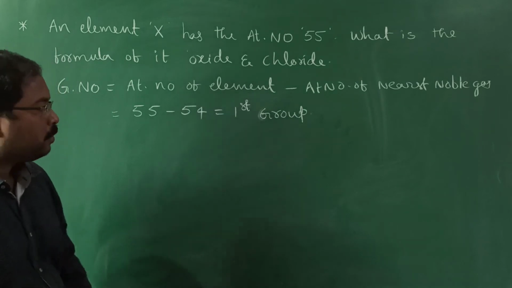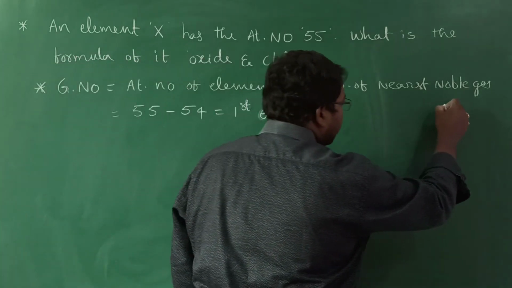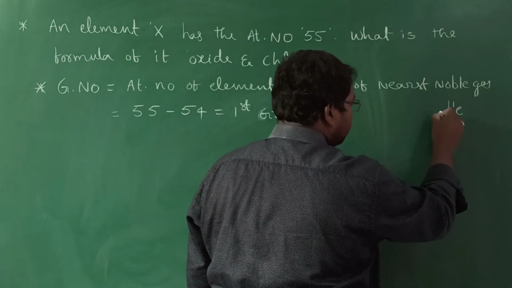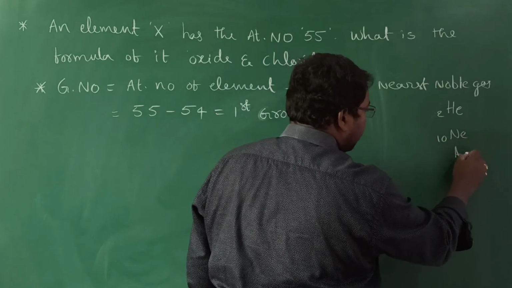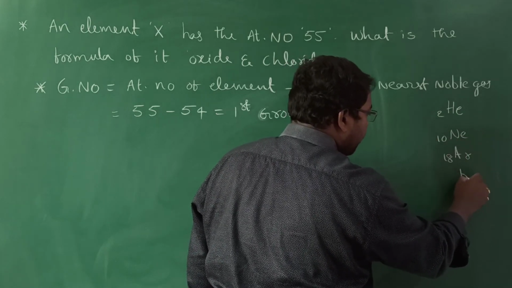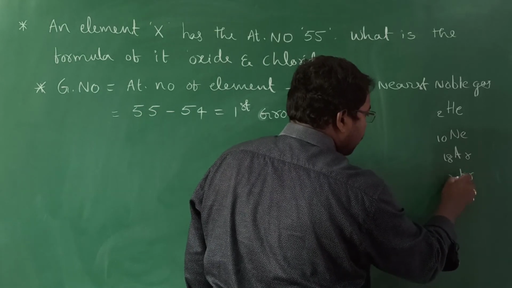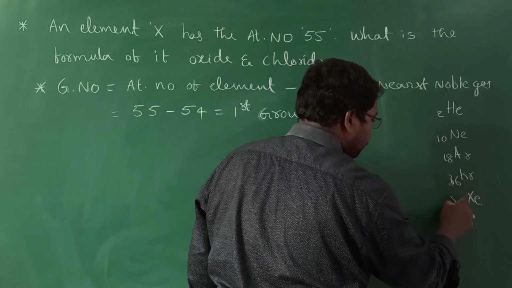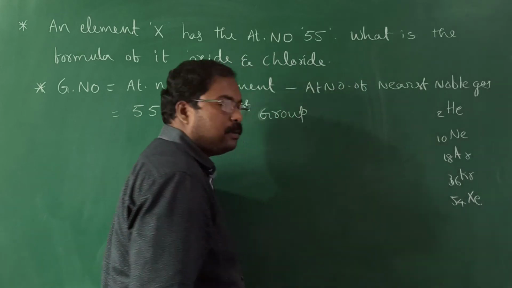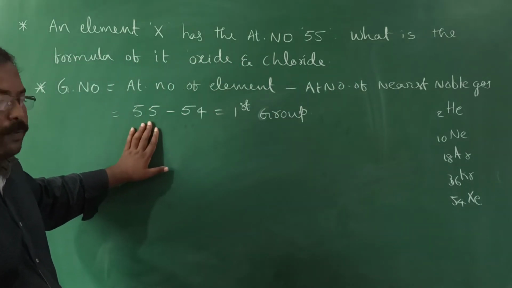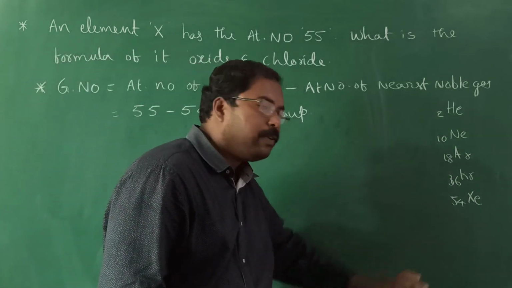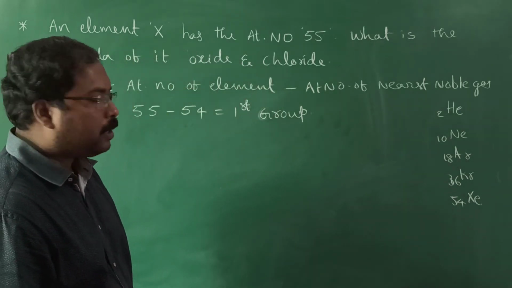Understood? Because we know the noble gases' atomic numbers: helium, neon, argon, krypton, xenon. Okay, so we have taken the nearest one, means less than 55. The nearest one is 54, so we have taken that one.